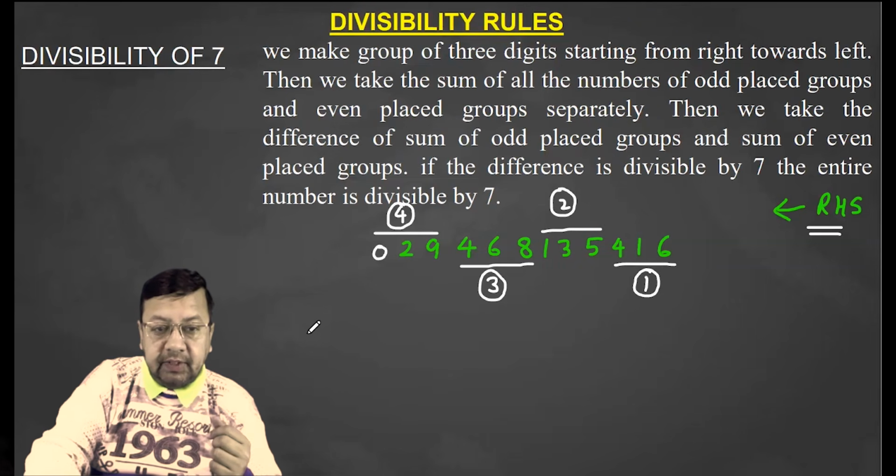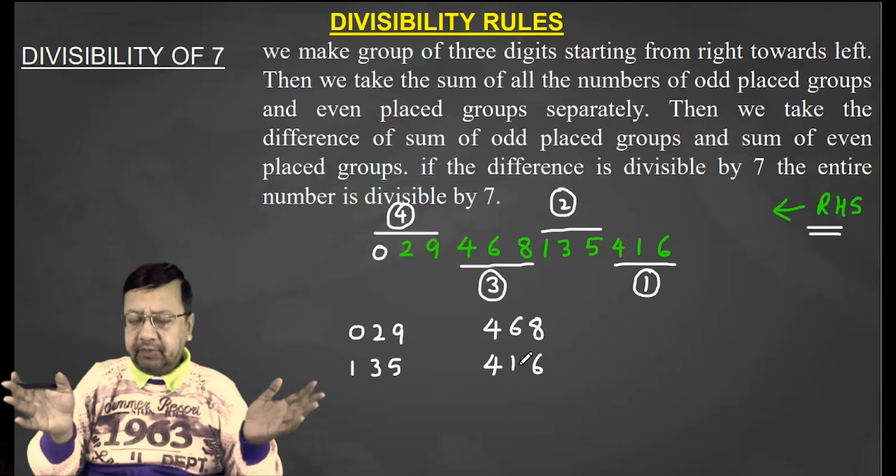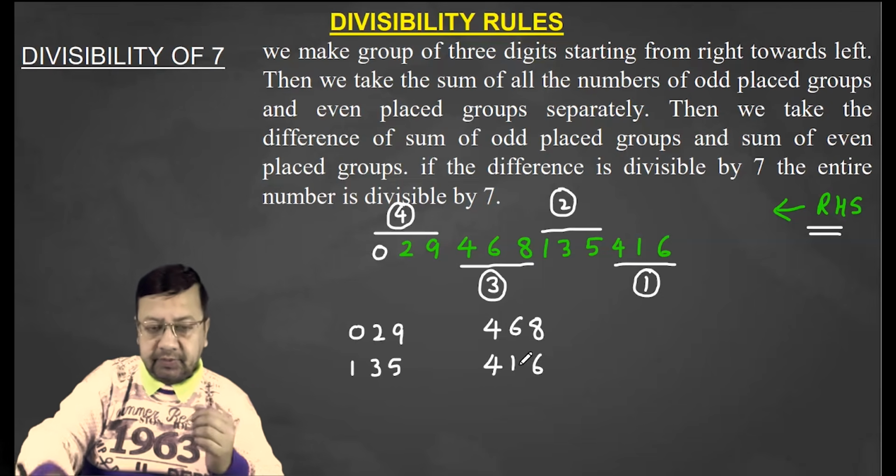One set we have is 9, 4, 6 and 1, 3, 5, the second set is 4, 6, 8 and 4, 1, 6. Separate even place groups, separate odd place groups.